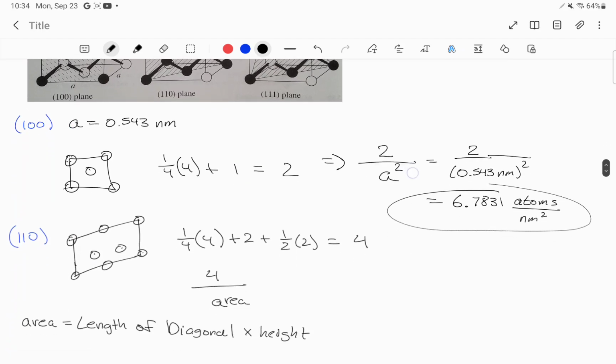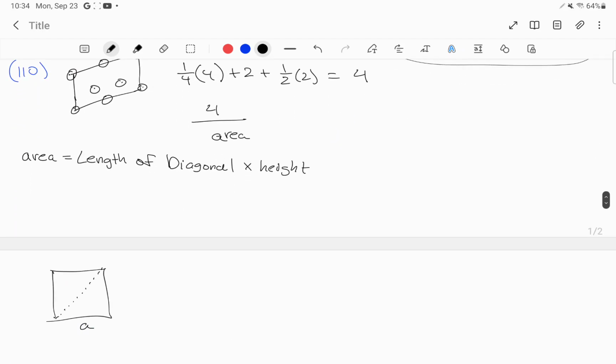That's what A is. So we have A, and we have A, and we would like to know what this distance right here is going to be. So let's just call that distance C. Right, so essentially what that forms is a triangle.